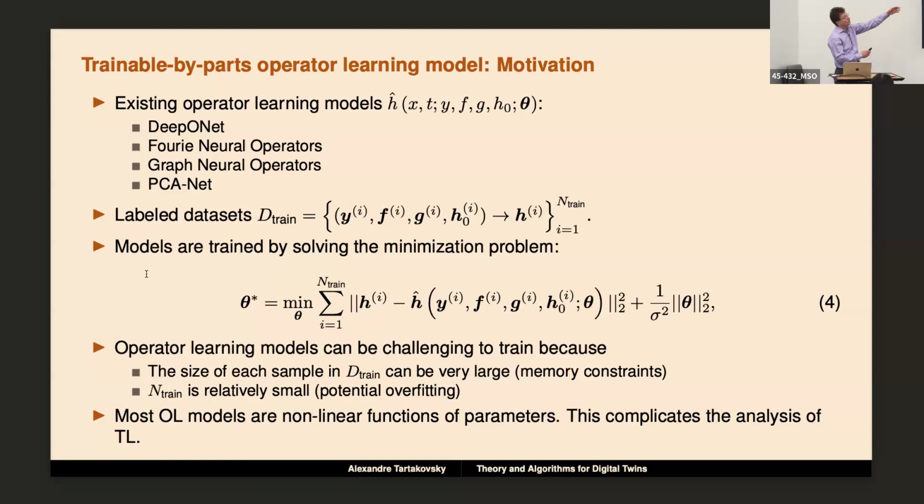Once we have this labeled data set, all these models can be trained by solving this minimization problem. And by the way, if you have questions about the notations, please interrupt me during my talk.